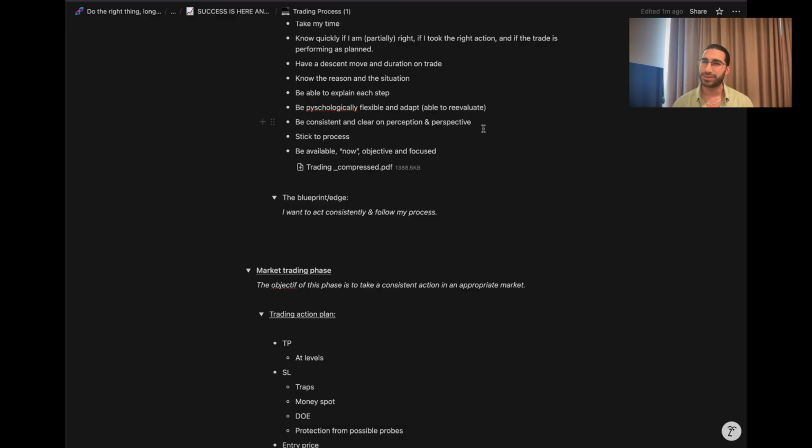If you're right, then the price will directly move to your take profit. That's if you're 100% right. If you're partially right, it might go against you or take its time and then go towards your take profit. That's if your stop loss is at the right and proper level. And if you're wrong, it will go to your stop loss and you'll see it go into your stop loss.